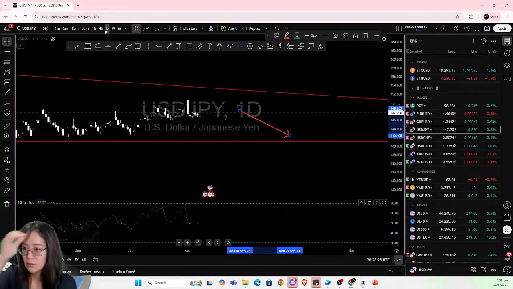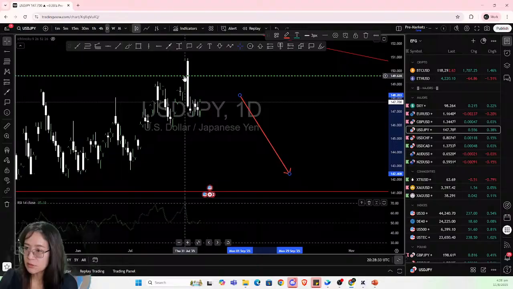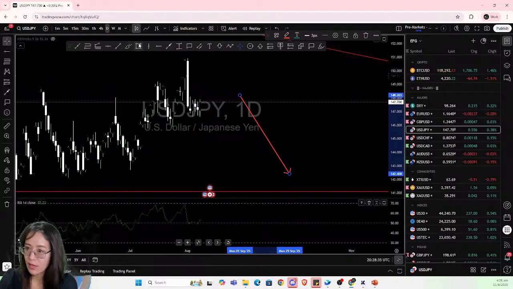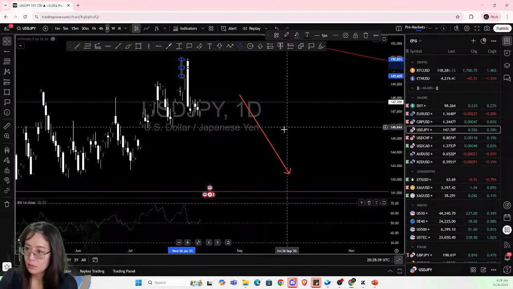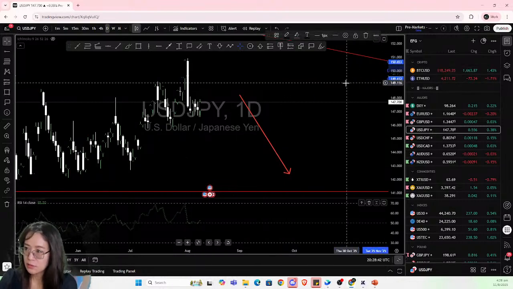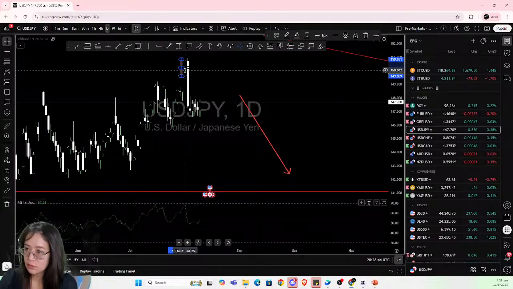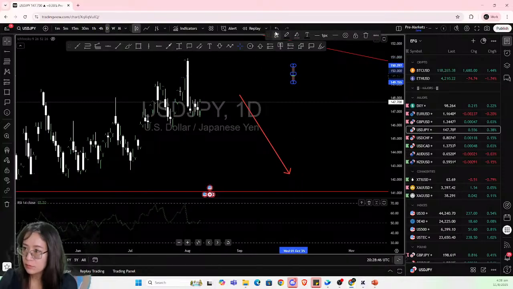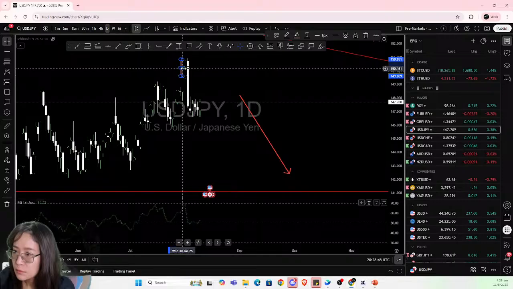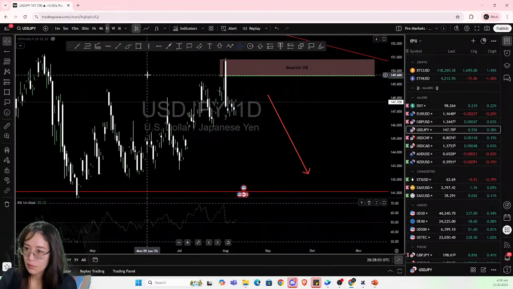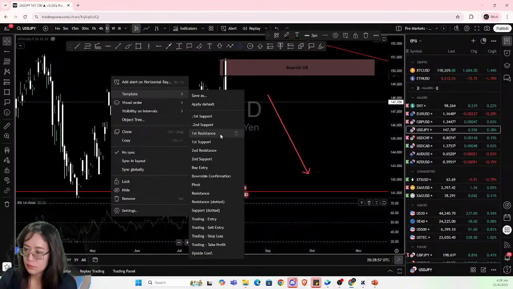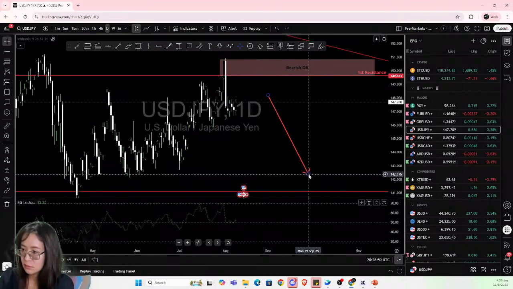I got D1. Okay, on D1 you already see this is your resistance, right? And that means this is your valid order block. What is this? It is our supply. Okay, over here. And this one I would say is my first resistance level.